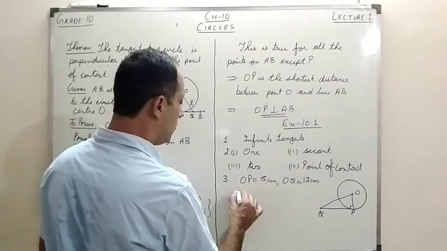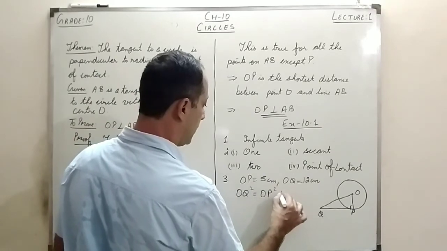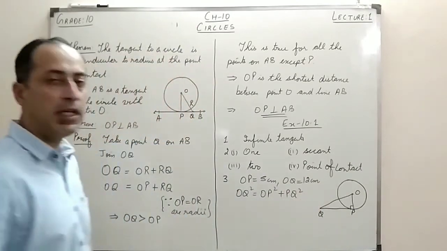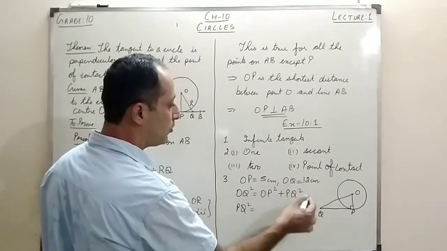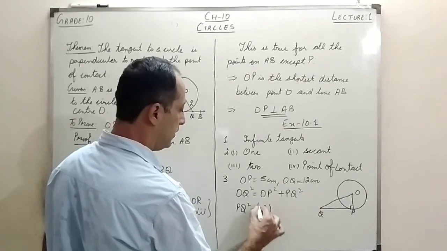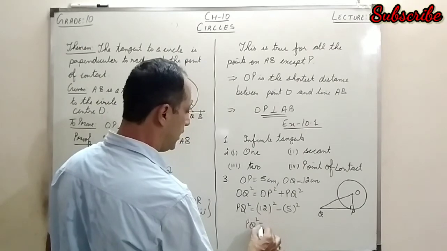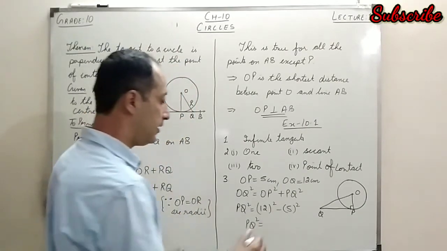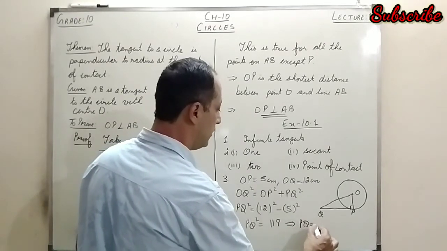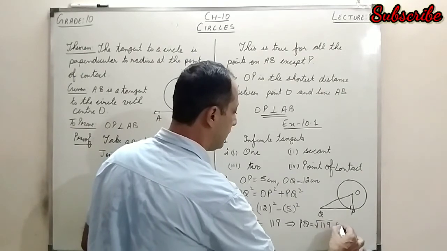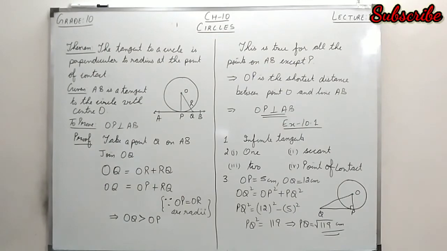Obviously OQ square is equal to OP square plus PQ square. So PQ square is OQ square minus OP square, that is 12 square minus 5 square, which is 144 minus 25, that is 119. So PQ is equal to square root of 119 centimeter. This is the solution of the third question.